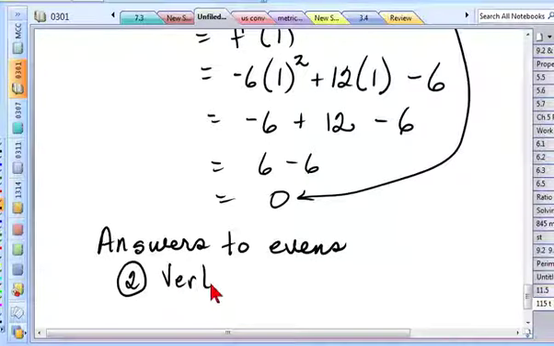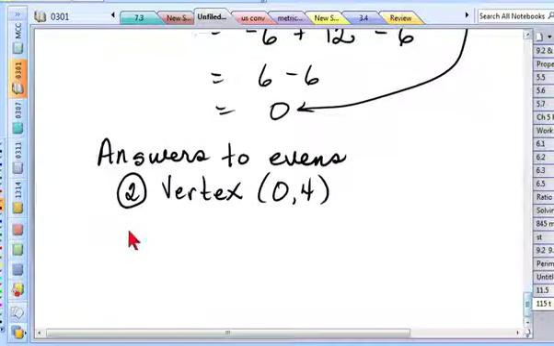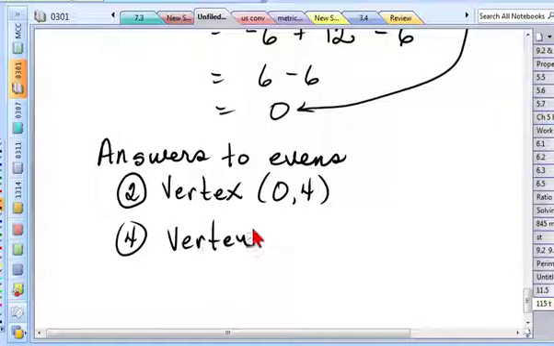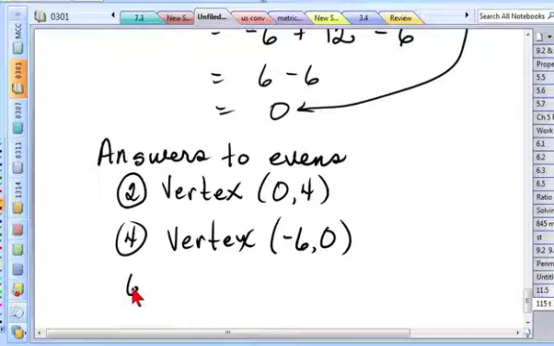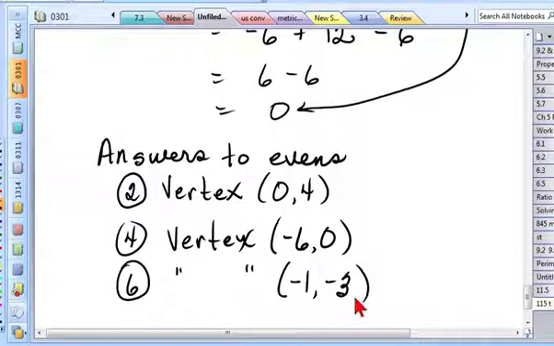Number 2, the vertex is the point 0, 4. Number 4, the vertex is the point negative 6, 0. Number 6, the vertex is negative 1, negative 3.